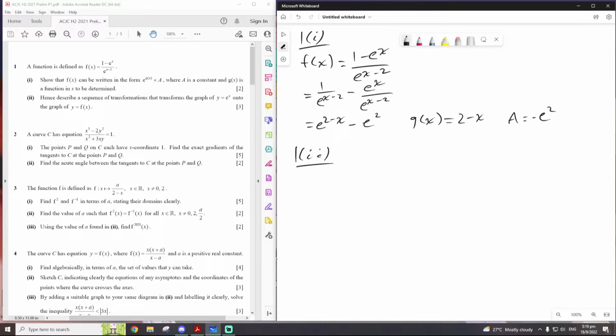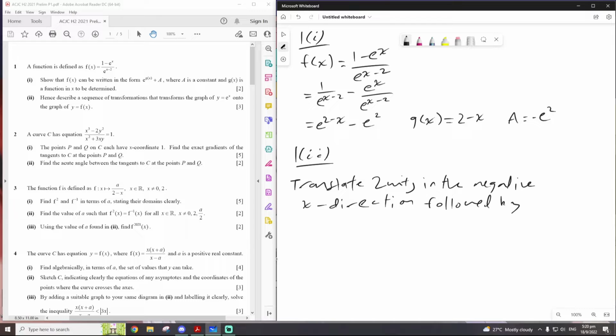Okay, so first step I would do is translate 2 units in the negative x direction, or whatever phrasing your school will teach you, followed by the second step, which is to reflect in the y-axis, followed by a translation of e squared units.